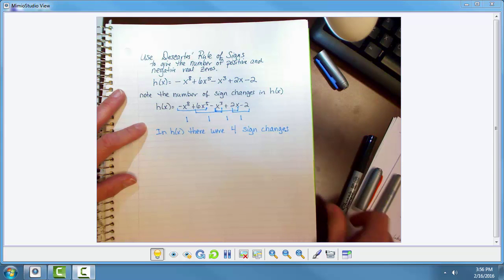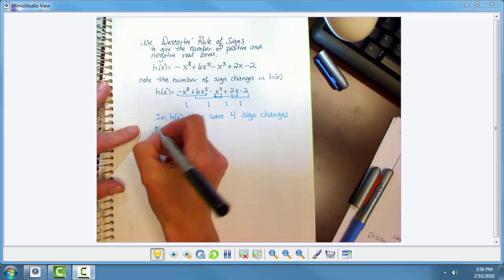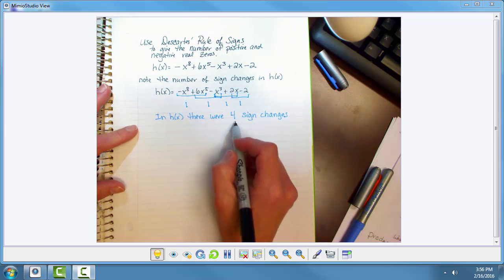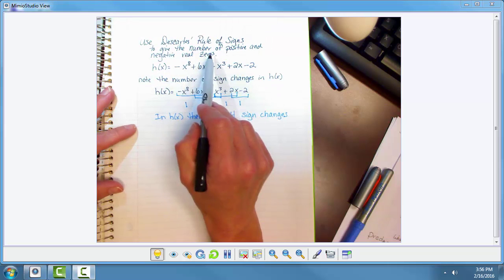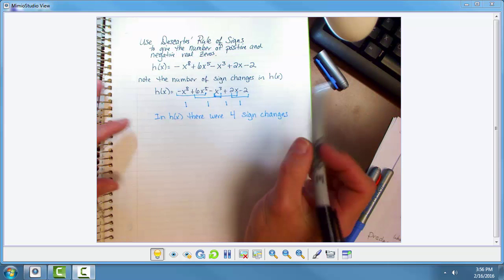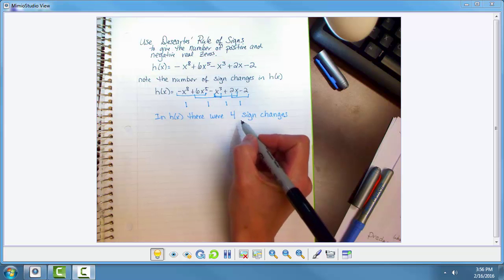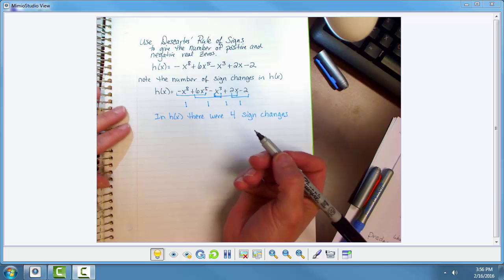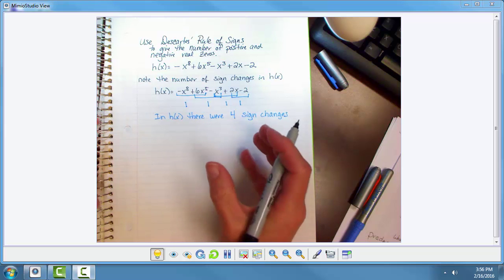Now, what in the world does that mean? Well, this is what it means. That means there are 4 or 2 or 0 possible positive real zeros. Okay? Now, notice what I said, 4 or 2 or 0. So what you have to do is subtract an even number until you get down to 0 or 1.